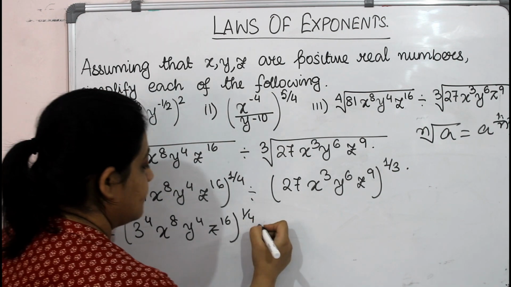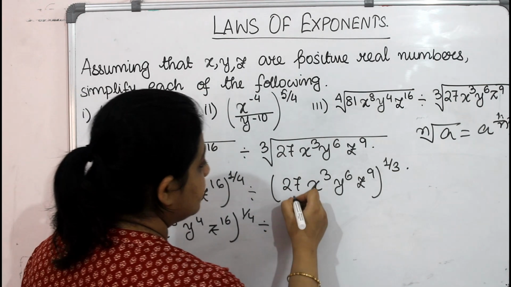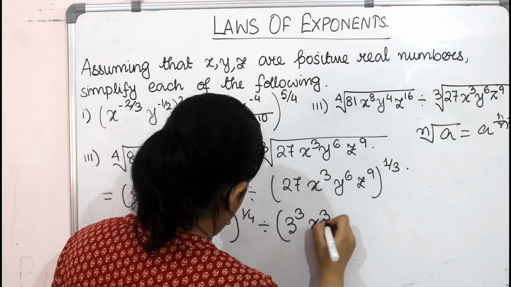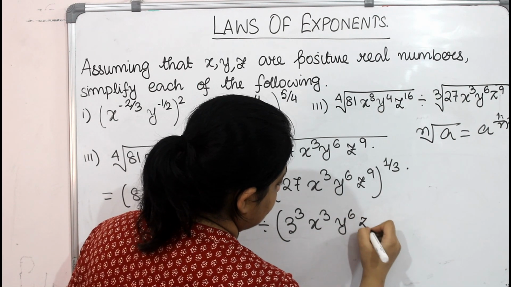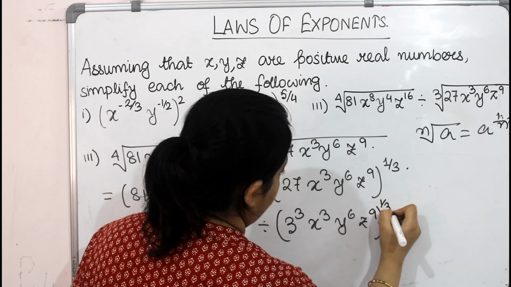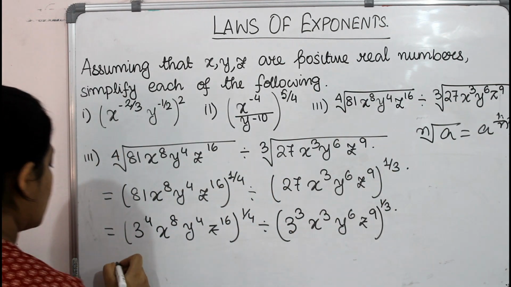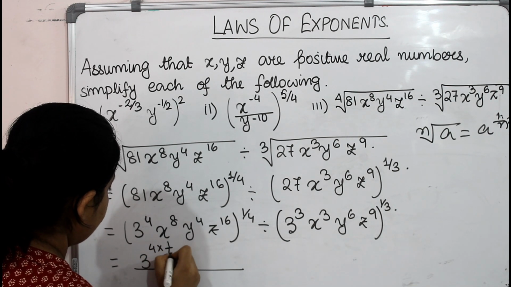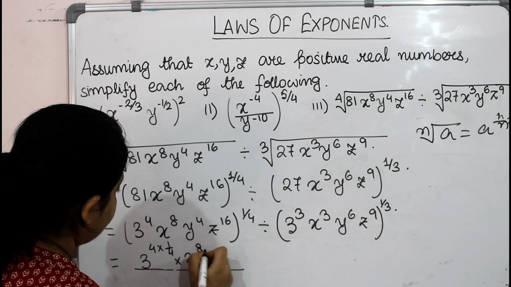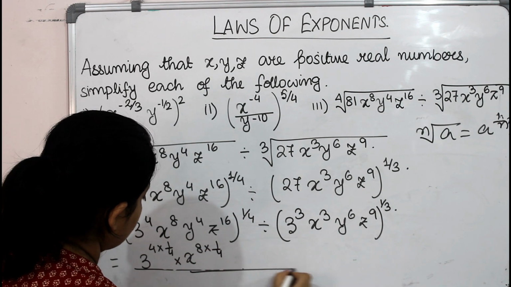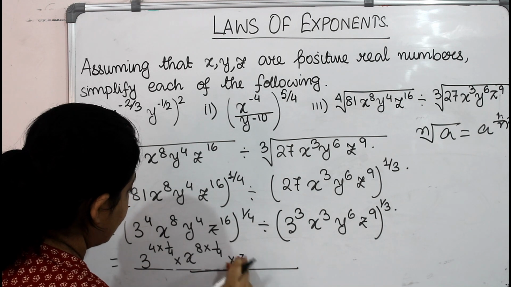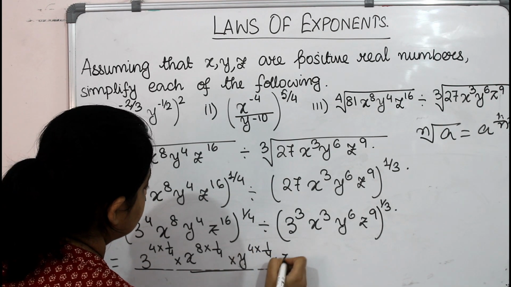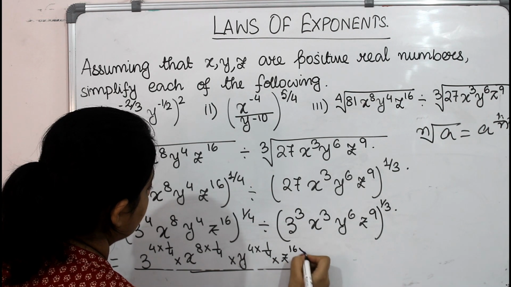Okay, divided by this also we will choose this as 3 to the power of 3, x cube, y to the power of 6, z to the power of 9, all to the power of 1 by 3. So what will we do? 3 to the power of 4 into 1 by 4, into x to the power of 8 into 1 by 4, into y to the power of 4 into 1 by 4, into z to the power of 16 into 1 by 4.